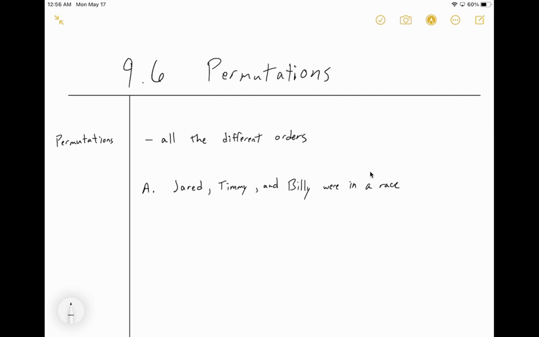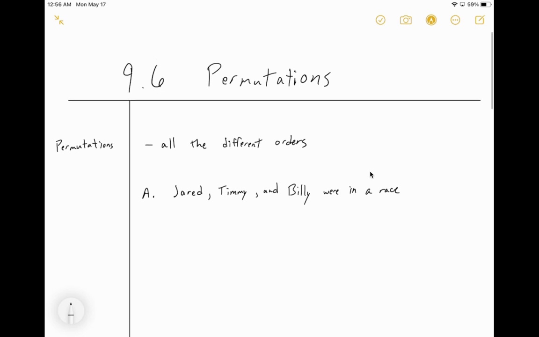So the question is, how many different ways could these three people finish? How many different ways or permutations could they finish, right?